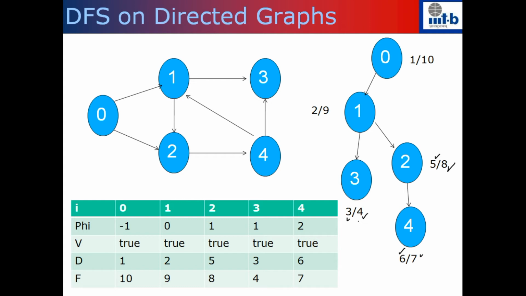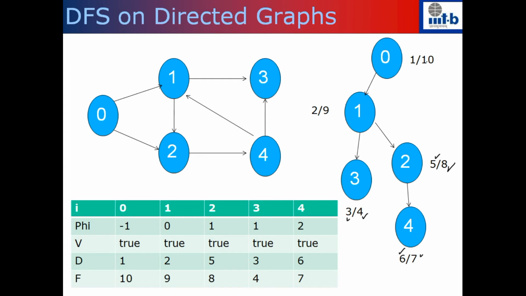Okay. In the other case, the interval corresponding to V is inside the interval corresponding to U. For example, the interval corresponding to 0 is 1, 10, which is a bigger interval. The interval corresponding to any other node is inside this, right?